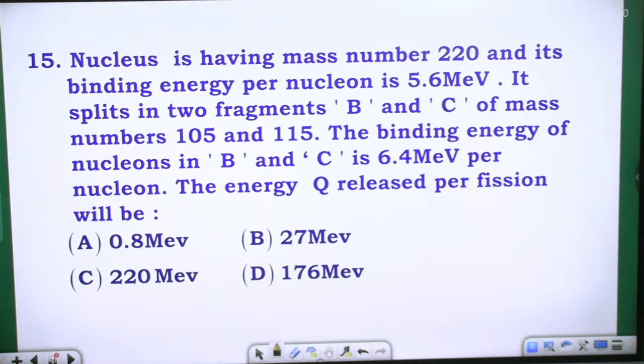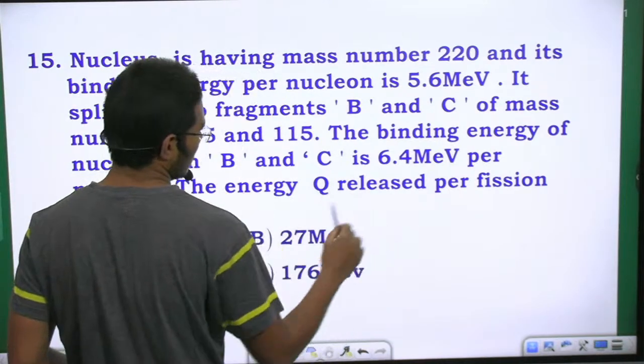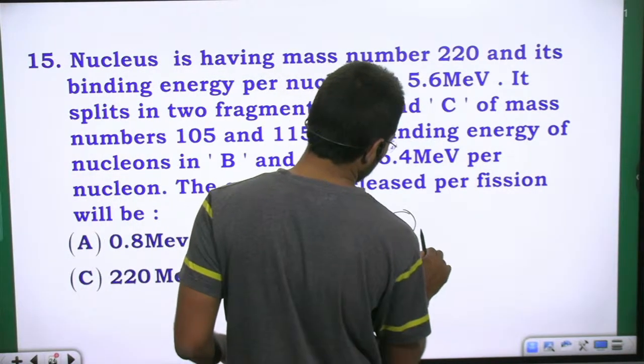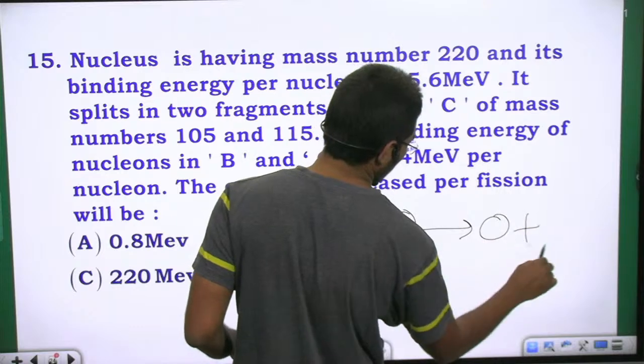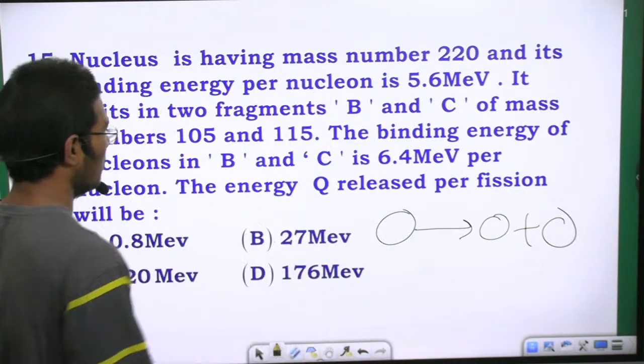Come on, next question. The nucleus is having a mass number of 220 and its binding energy per nucleon is 5.6 million electron volts. It splits into two fragments, B and C, of mass numbers 105 and 115. The binding energy of nucleons in B and C is 6.4 million electron volts per nucleon. The energy Q released per fission will be? One splits into two.